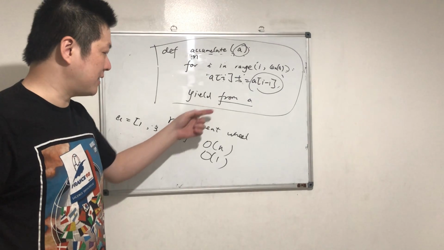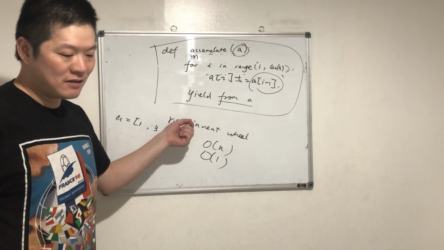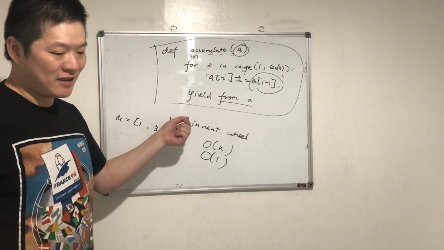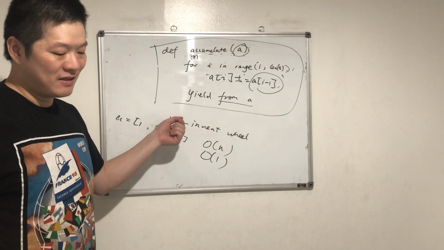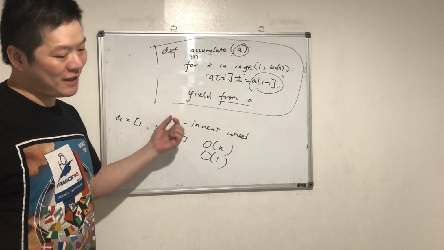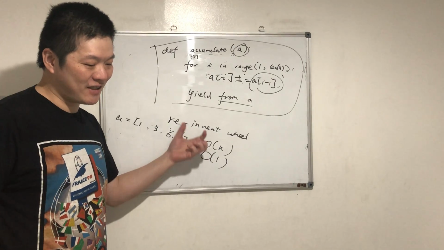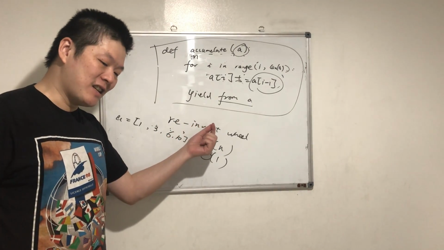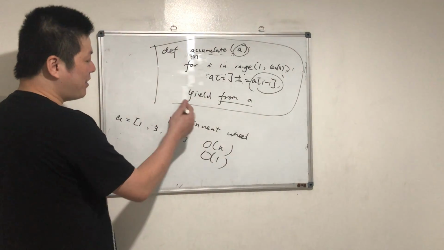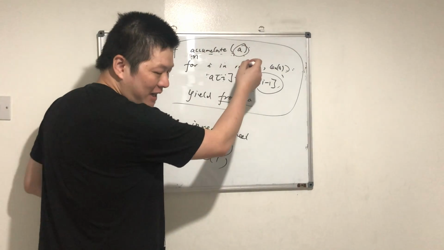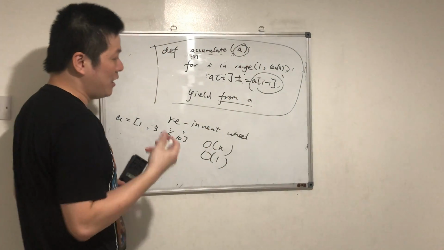What's yield? Giving you one element at a time. It's a generator, so you can use it in a for loop. You can say for i in accumulate, and it will give you one element. Why is that?